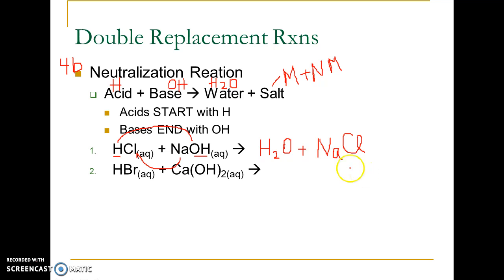Here's number 2. We have hydrobromic acid plus calcium hydroxide. This is going to be my acid because it starts with H, and this is going to be my base because it ends with OH. I'm going to use my neat trick here where I'm going to have my outsides come together and my insides come together. So my HOH is going to create water, which is H2O.